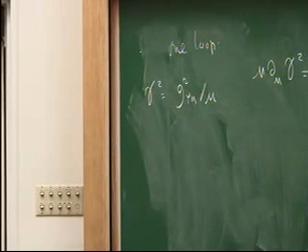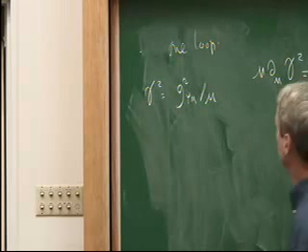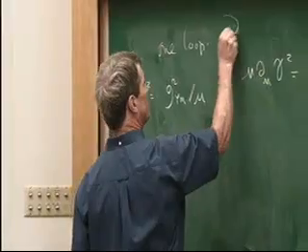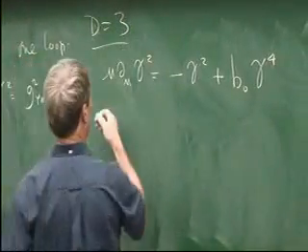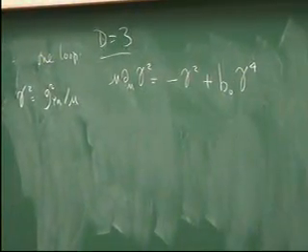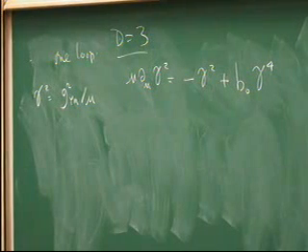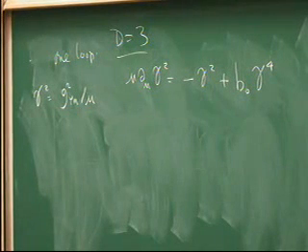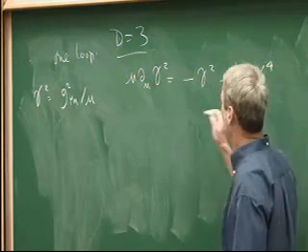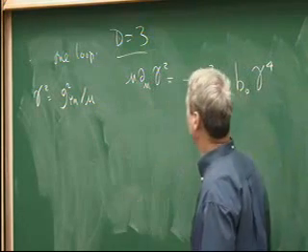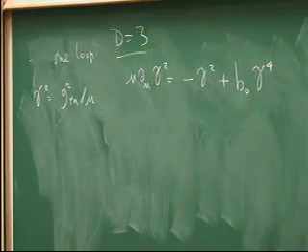This is just saying, this is now again in 2+1 dimensions, d equals 3. As you go to higher dimensions, gauge couplings get stronger. As you go to lower dimensions, at higher energy they get weaker, at lower energy they get stronger. And now you have a one loop term.